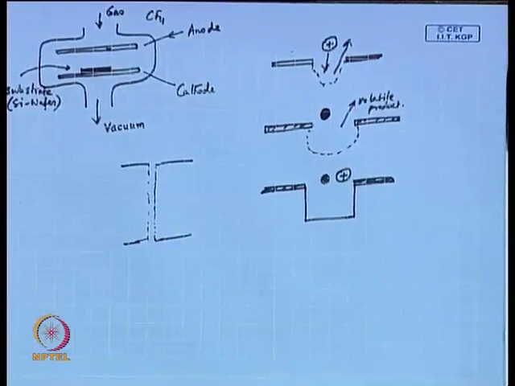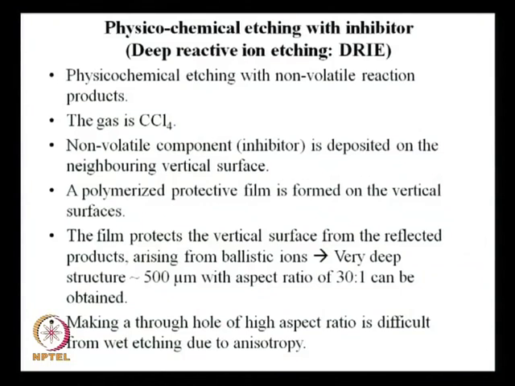But here, you are tailoring this process in such a way that the reaction product that is formed is non-volatile. You can achieve this by choosing the gas carbon tetrachloride, CCl4, instead of CF4. So, the non-volatile component, which we are referring to here as inhibitor, is deposited on the neighboring vertical surface.